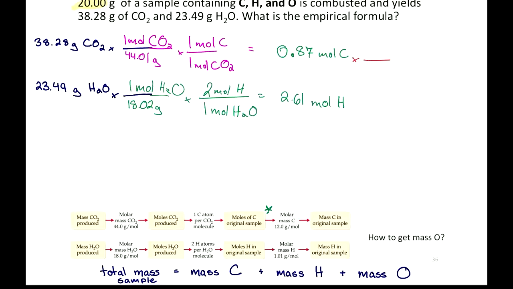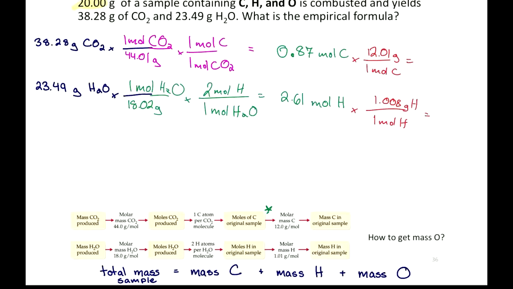Of CO2? No, of carbon, because we have moles of carbon. So I'm going to do 1 mole of carbon on the bottom is 12.01 grams up top. And then I do the same thing for hydrogen as well. 1 mole of hydrogen is 1.008 grams of hydrogen.